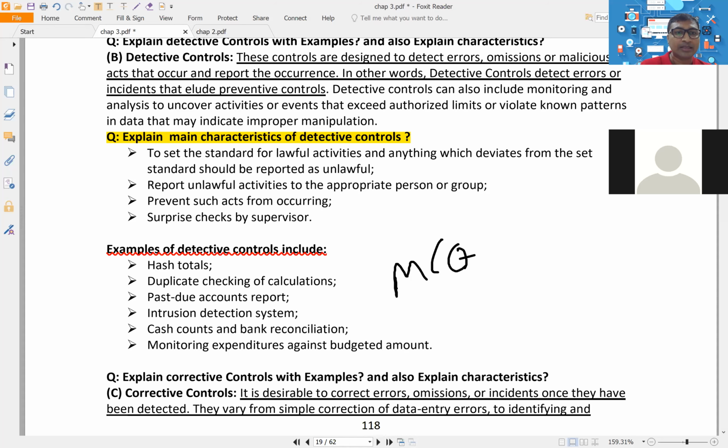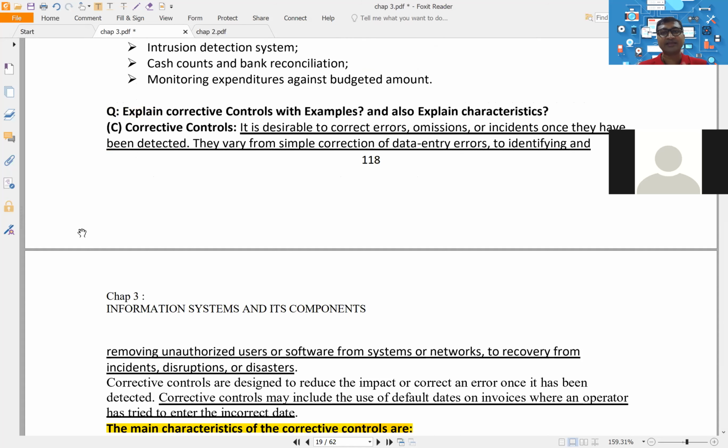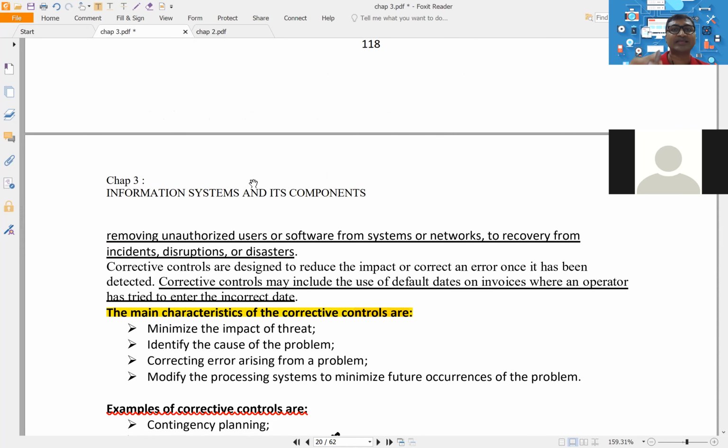Okay, corrective is nothing but once anything has happened, once anything is detected, then we need to correct those errors and omissions. We need to make sure that their effect is minimum on us, and that is what is known as corrective control. If you remember, I told you here also, business continuity plan is one of the biggest examples. Business continuity plan and disaster recovery plan are the biggest examples of corrective control.